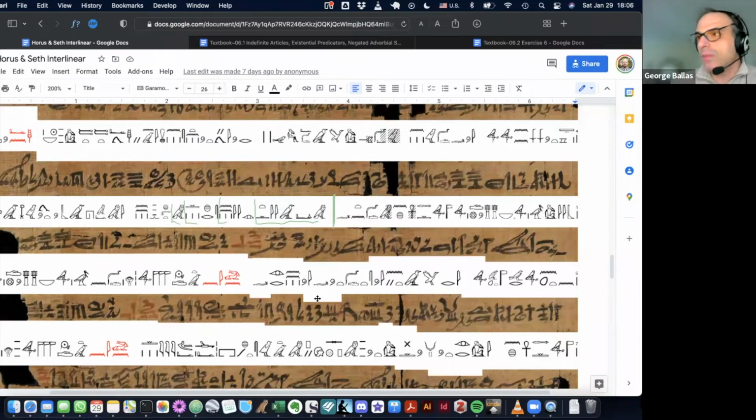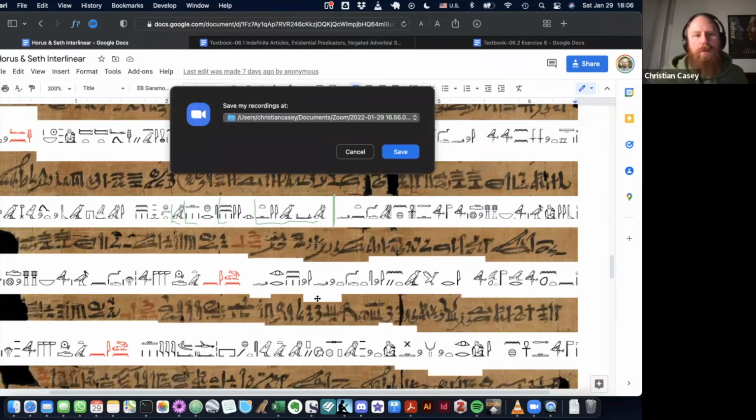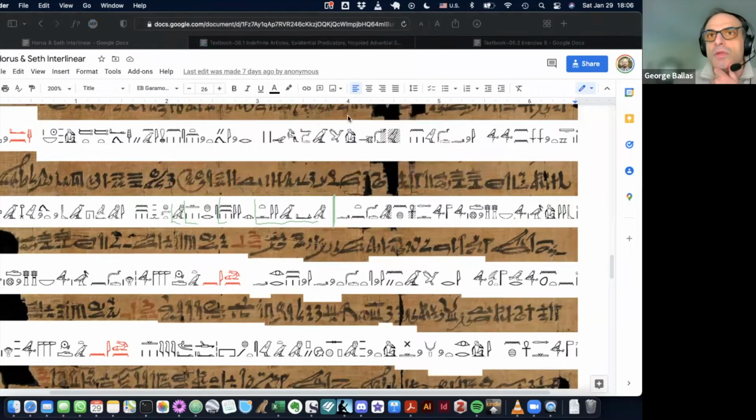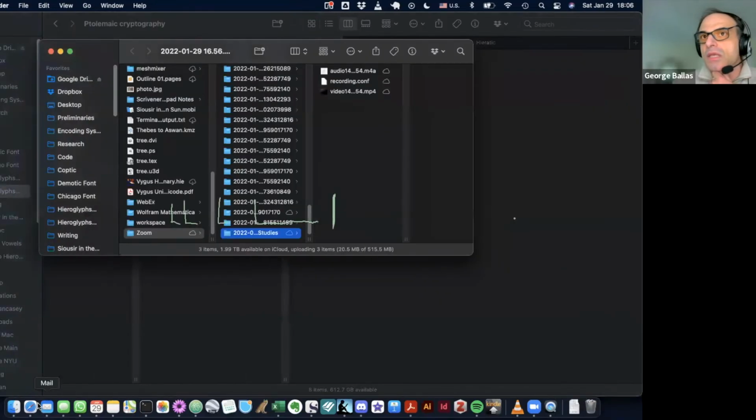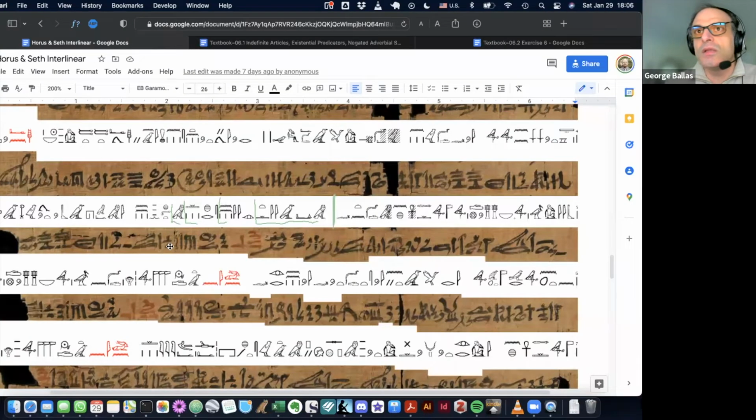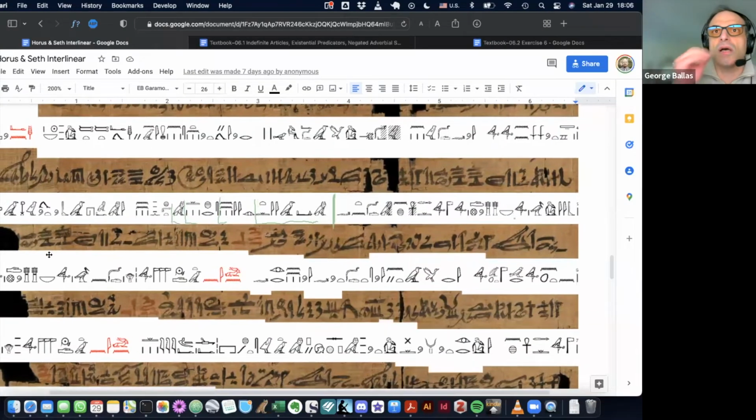So after M Hemet, is it just N? Yeah, it's just N. Late Egyptian often writes these two N's just for the normal N plural strokes. Okay, so that's N, and then Ini, Hab.